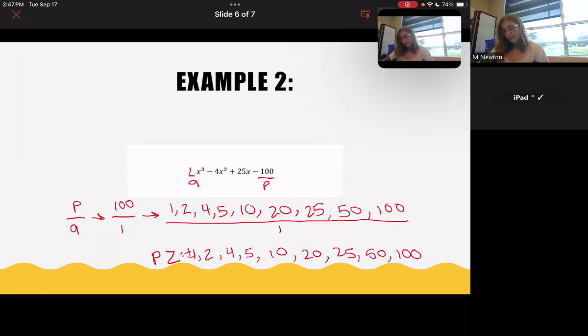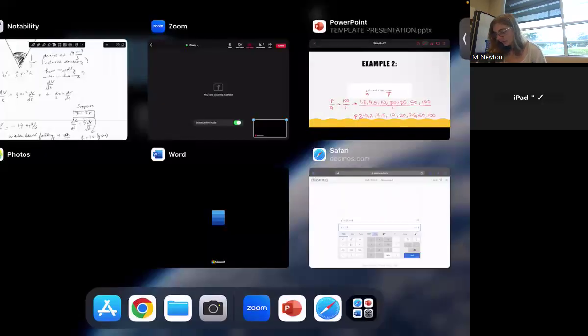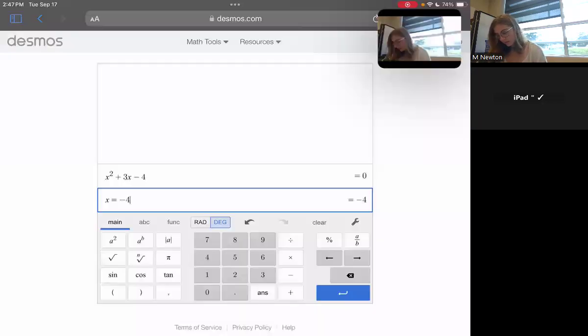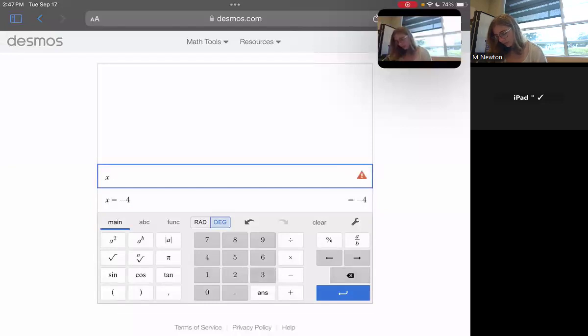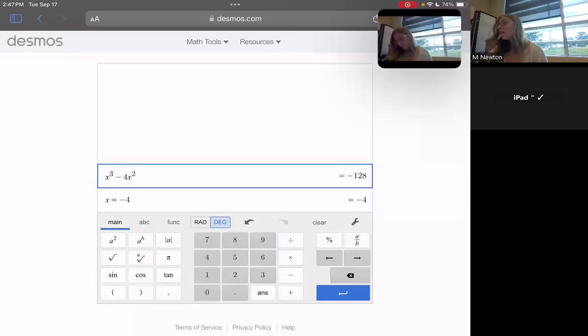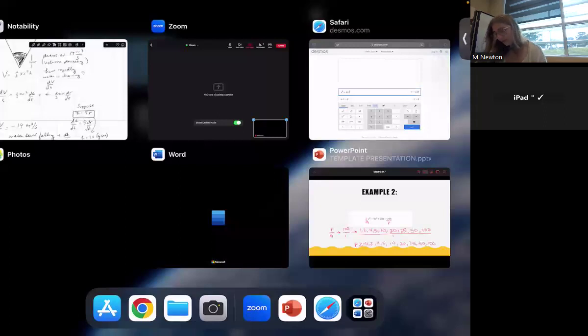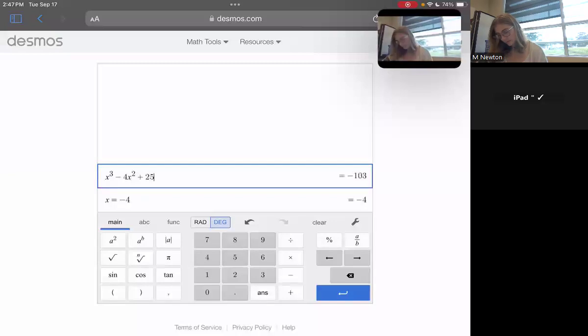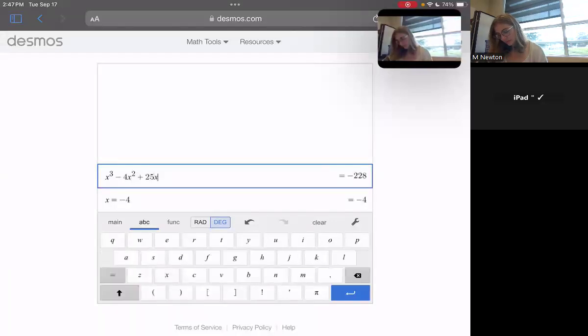The next step is to first put in the equation. So x cubed minus 4x squared plus 25x minus 100.